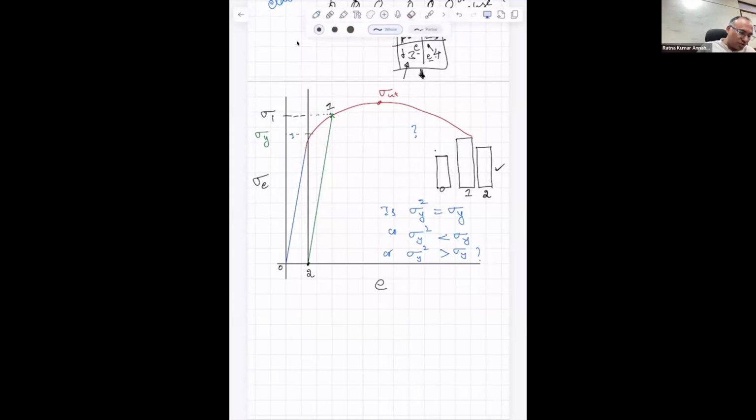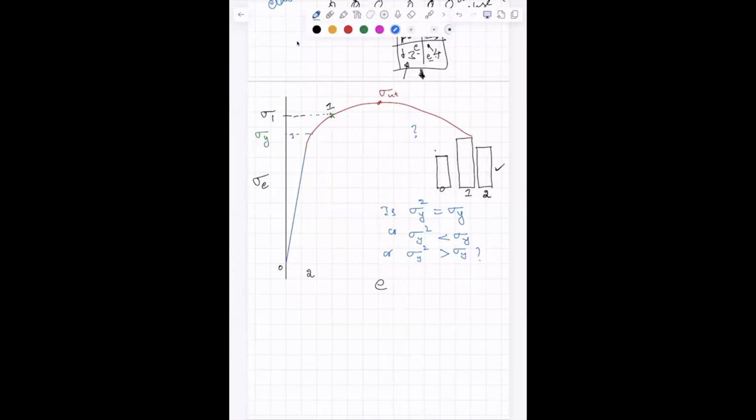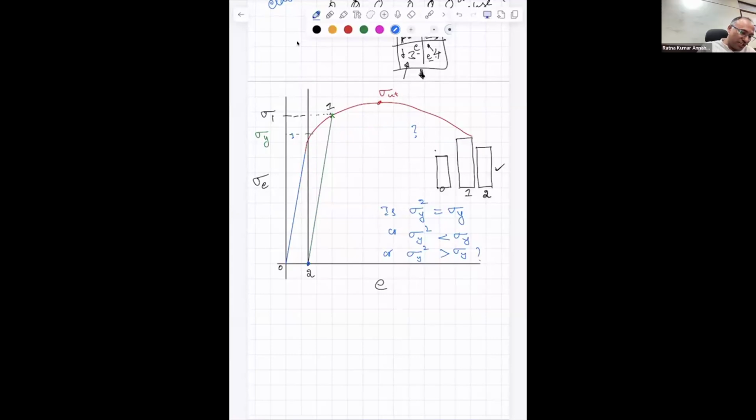Now tell me how the curve should look like. Sir, it should follow this green line from 2 to 1. It should follow the green line up to what? Up to sigma 1, sir.